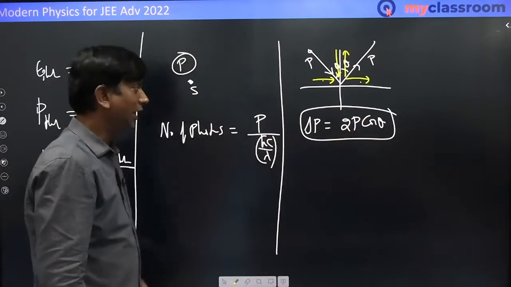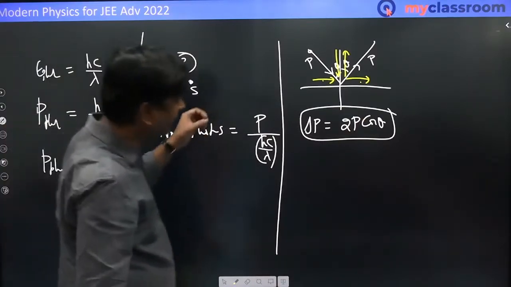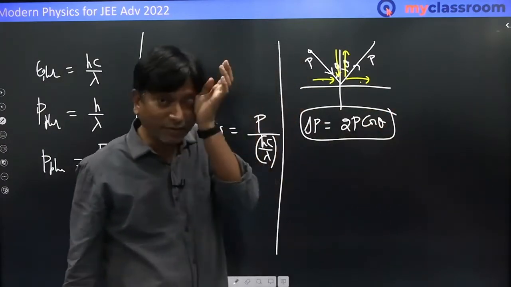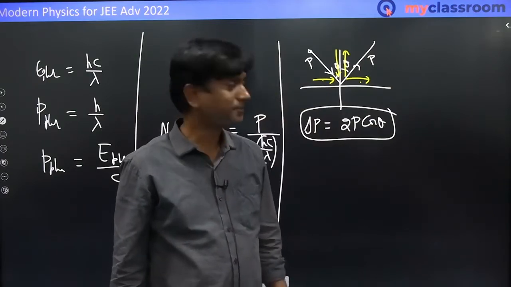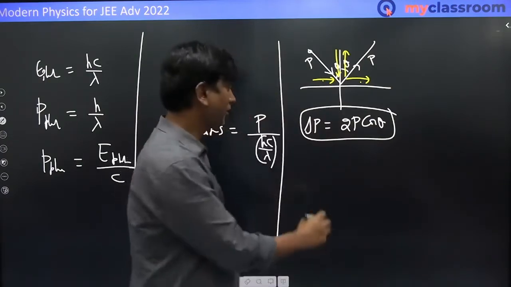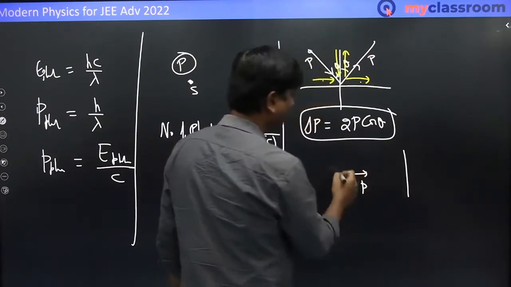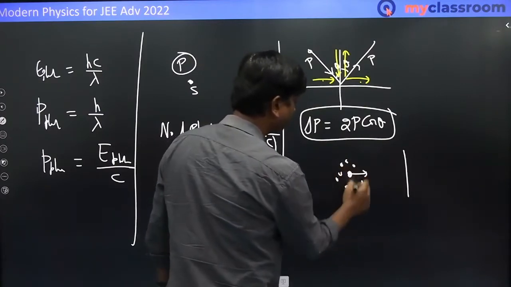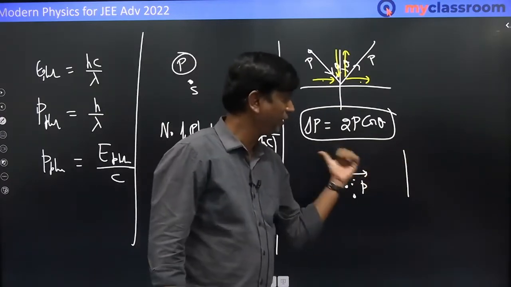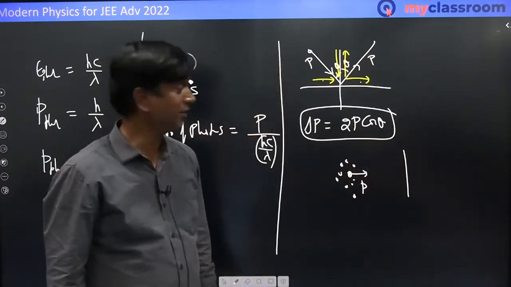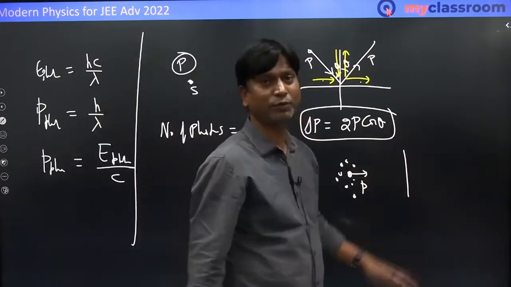One more basic concept: whenever particles continuously come and hit a surface, say electrons with some momentum p, so many electrons hitting continuously, they can be reflected or absorbed by the surface. The same goes for photons.